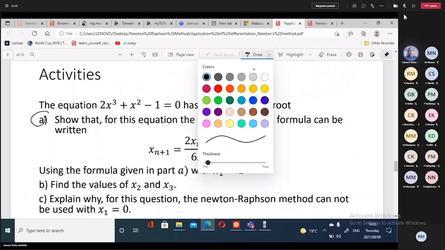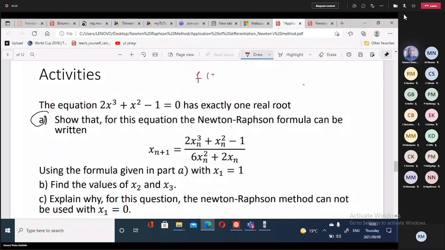I was correcting these solutions today. I didn't see that. f of x is equals to 2x to the power 3 plus x squared minus 1. f prime of x is equals to 6x squared plus 2x.